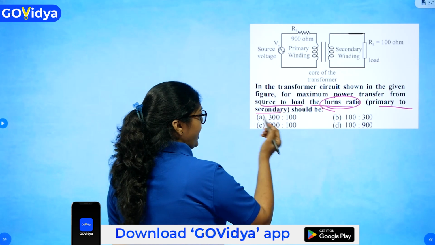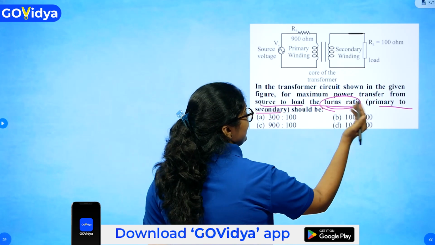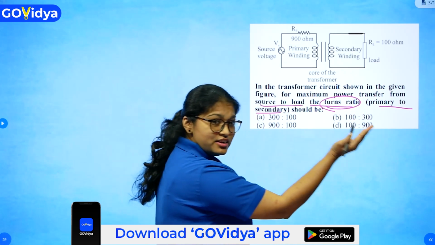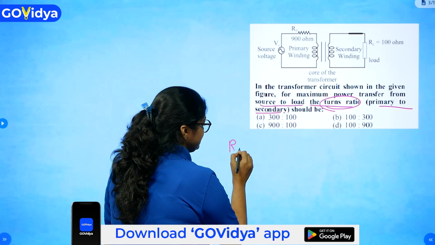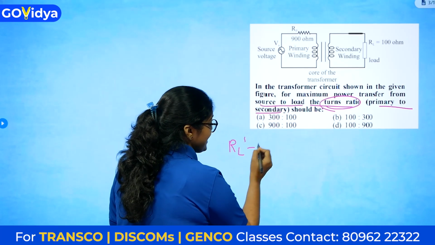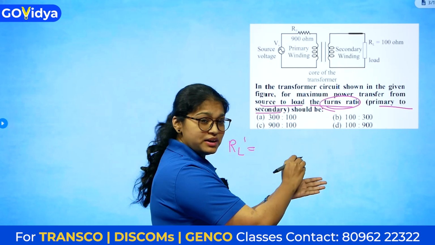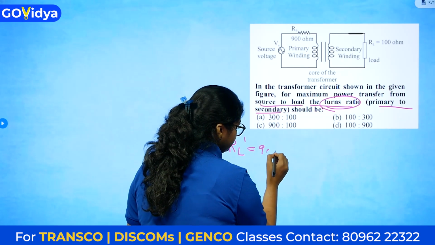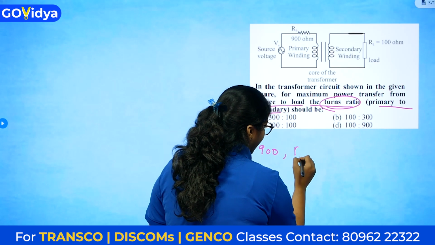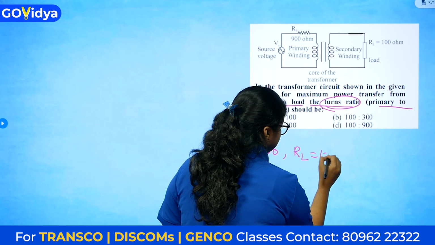So what we do is, we transfer the secondary side to the primary side. Then you will get RL dash, RL dash is equal to 900 and RL is equal to 100.